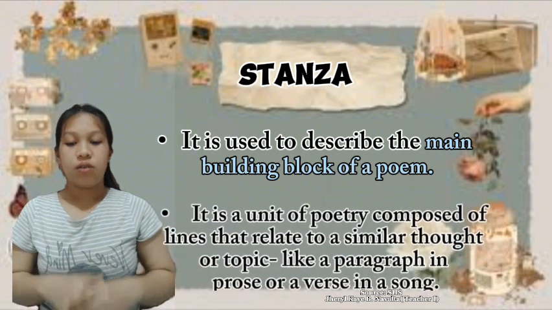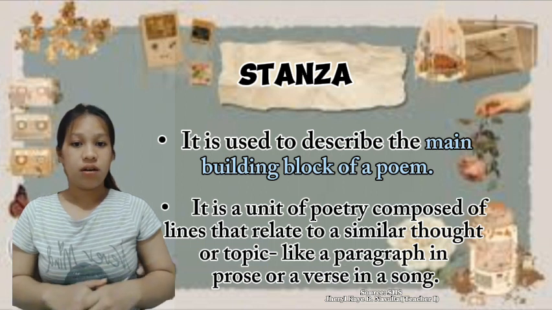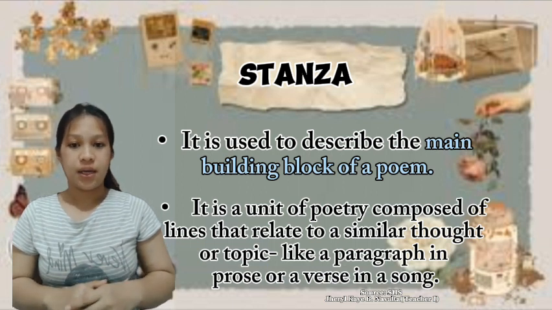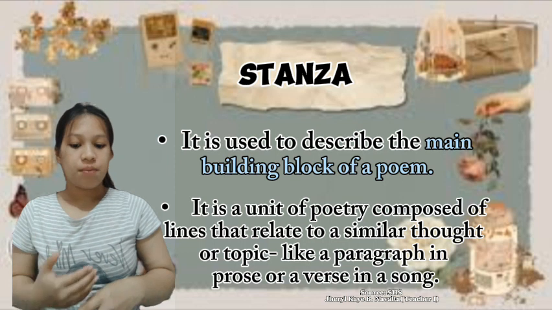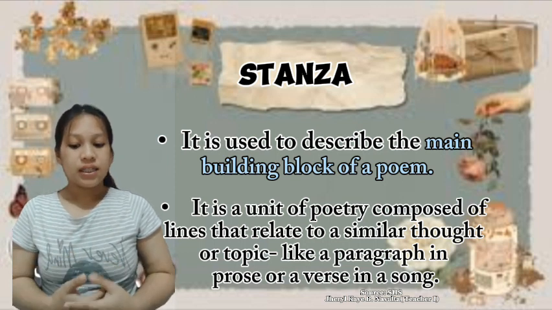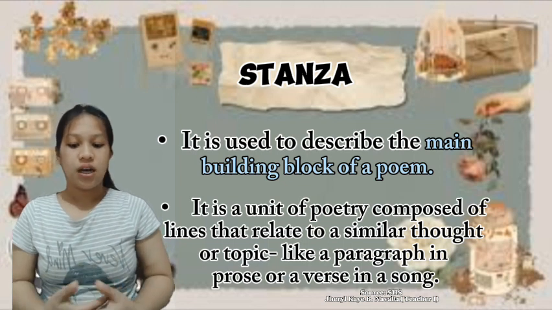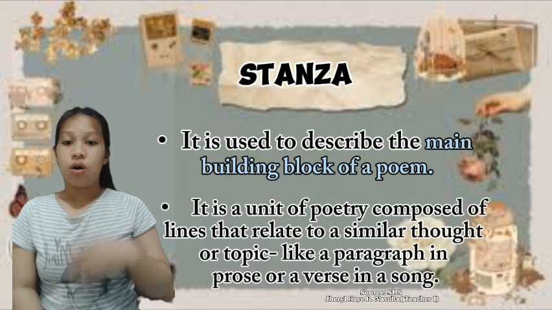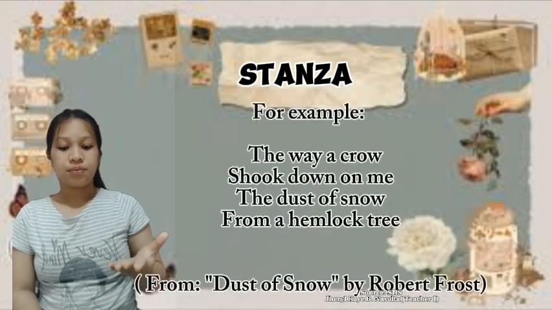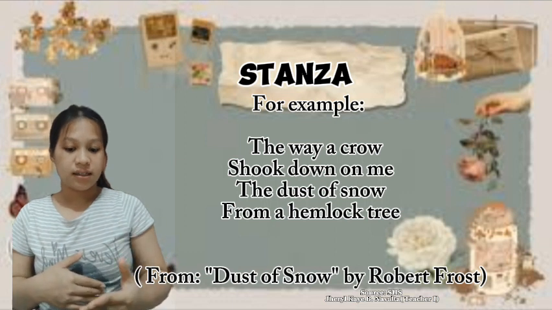It is a unit of poetry composed of lines that relate to a similar thought or topic, like a paragraph in prose or a verse in a song. Every stanza in a poem has its own concept and serves a unique purpose. So going back to this example, this group of lines is called a stanza.